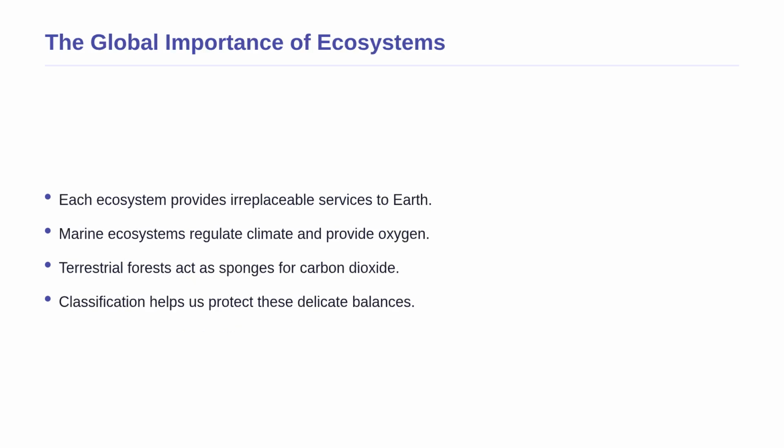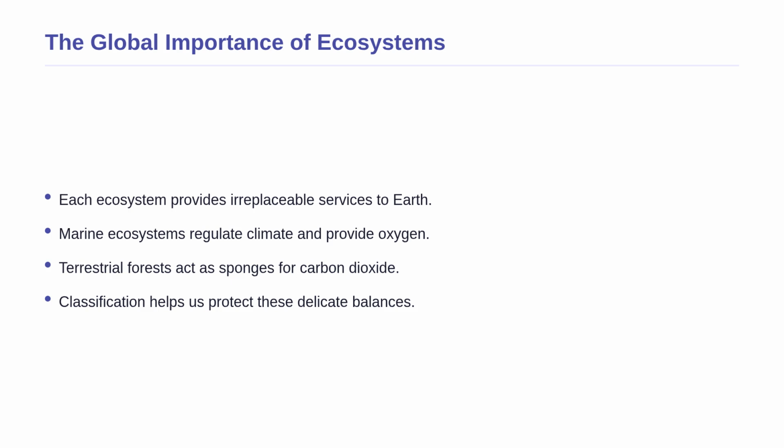Understanding these classifications leads us to a critical question. Why does this matter? It is absolutely crucial because each type of ecosystem provides unique and irreplaceable services to our planet. For example, marine ecosystems, like our oceans, regulate the global climate and provide a massive portion of the oxygen we breathe every day.